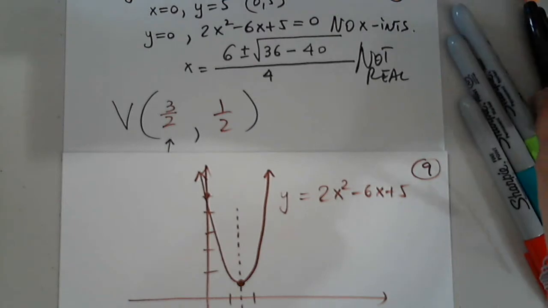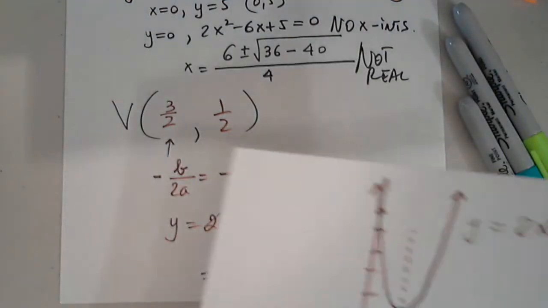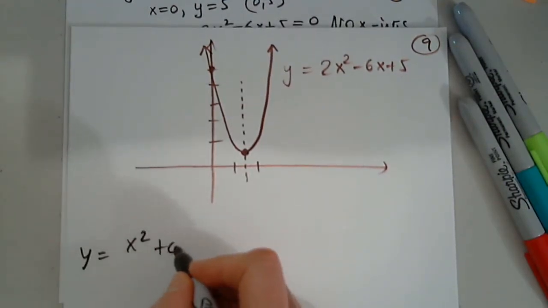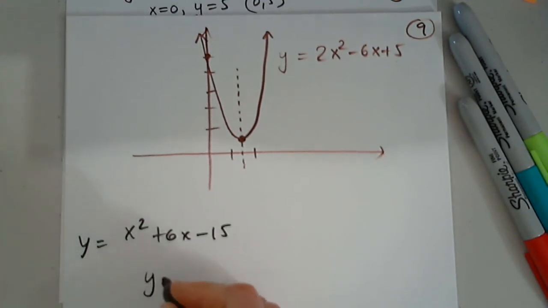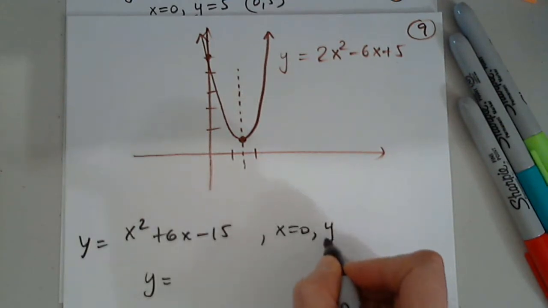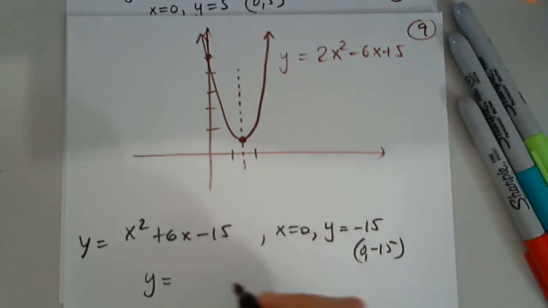We repeat all these steps for the other one, which is x squared plus 6x minus 15. So first x equals 0, y equals negative 15. So 0, negative 15. When y is 0, x squared plus 6x minus 15 equals 0.